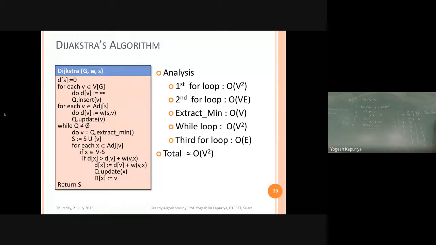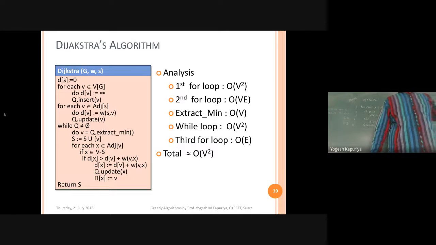What is the worst case? Meaning how many times can this loop run maximum? The number of edges. Because in the worst case, your source vertex is connected to every other vertex. There is a direct path from the source vertex to every other vertex.